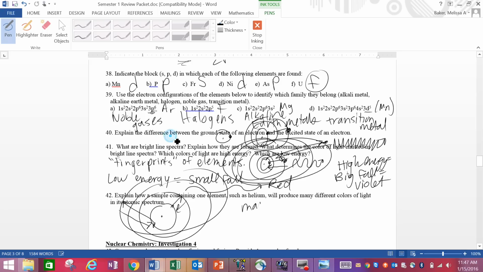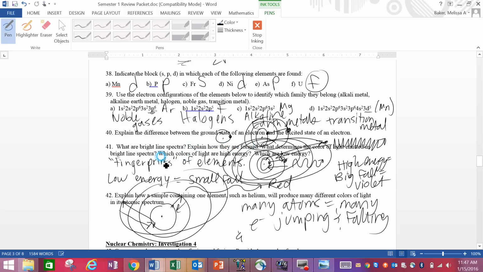Okay, so many atoms equals many electrons jumping and falling and releasing different photons, different colors.